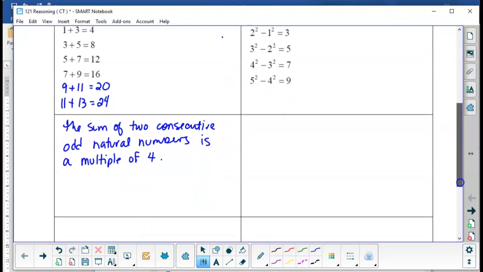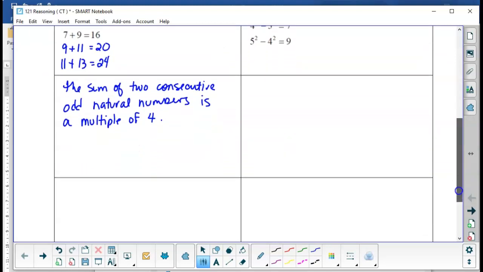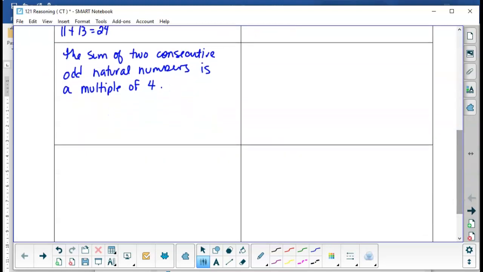We want to prove the conjecture. So now with odd numbers, this is the trick here. If you just say let x be an odd number, really there's no way to distinguish whether x is odd or even. Really it could be a natural number, it could be a rational. So we want to make sure that it's odd.